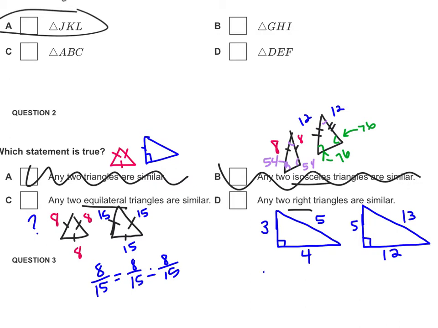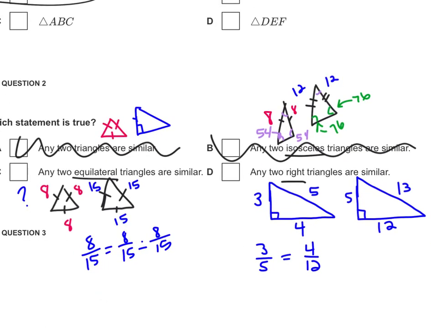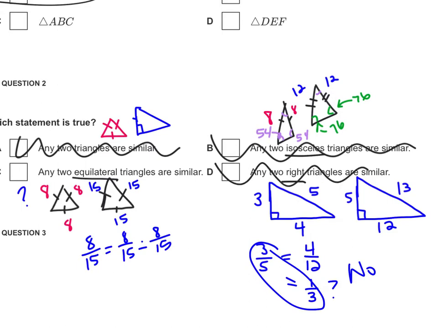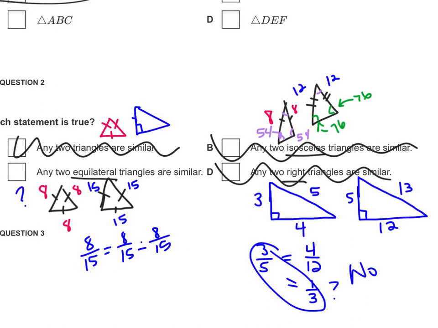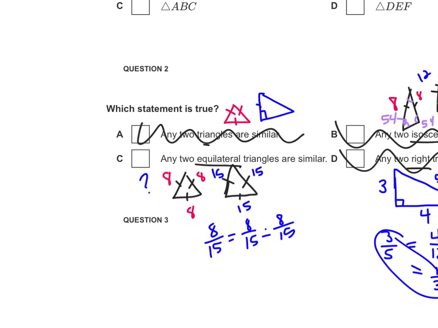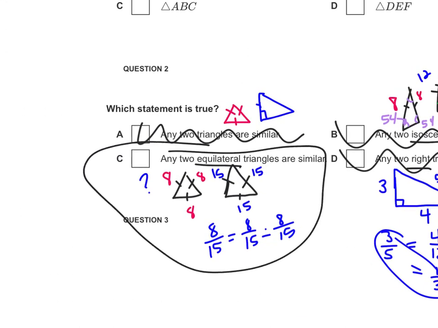So set up your proportion. 3 over 5 equals 4 over 12. If I reduce 4 over 12, I have 1/3. Is 3 over 5 equal to 1/3? No. So in this situation, our right triangles may be similar, but if you have any two, it will not always happen. So our only option that is correct in any given situation would be C, our equilateral triangles.